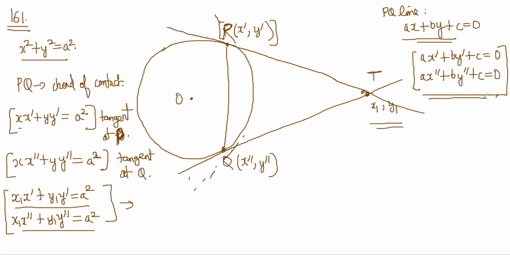This is a condition on x dash y dash and x double dash y double dash. And two points should completely determine a straight line, right? There cannot be a second line which is also satisfying those two conditions.